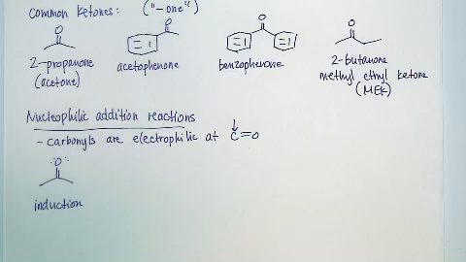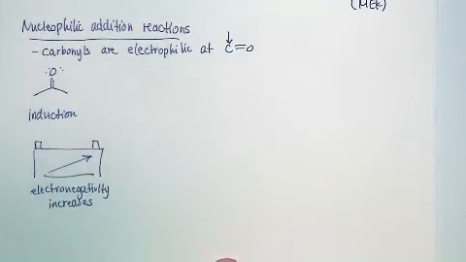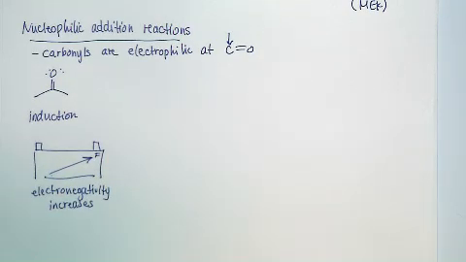And this is based off of the fact that oxygen is more electronegative than carbon. So if you kind of remember the trend for electronegativity, here's the periodic table, and electronegativity increases as you go toward fluorine. Fluorine is the number one most electronegative element, and oxygen is kind of up there pretty close to fluorine.